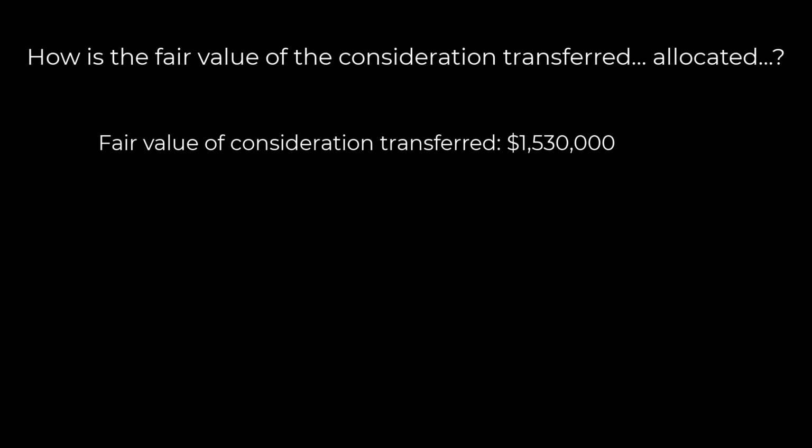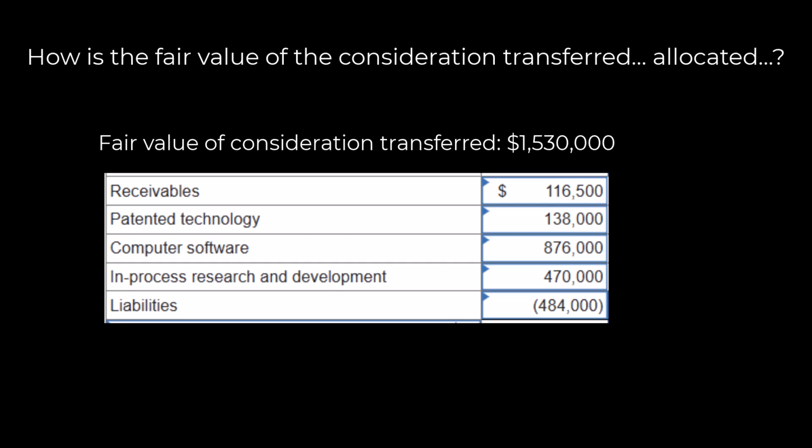Now, from that total price, we need to subtract the value of all the individual assets and liabilities that we can identify and measure. We list them out at their fair values. The receivables at $116,500, the patented technology at $138,000, the valuable computer software at $876,000, and the in-process research and development at $470,000.